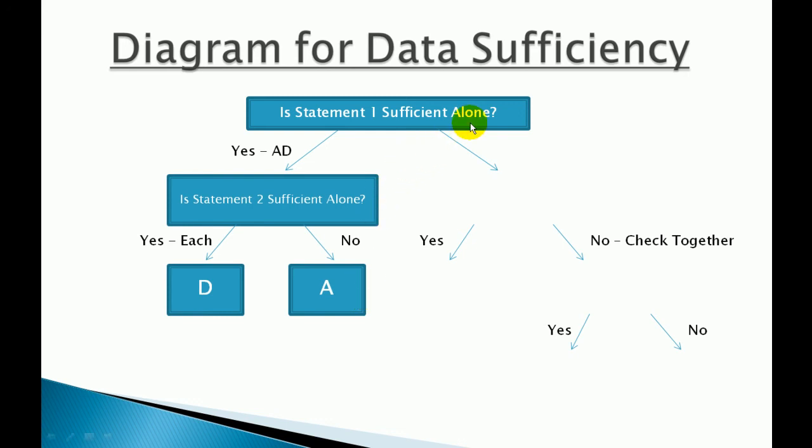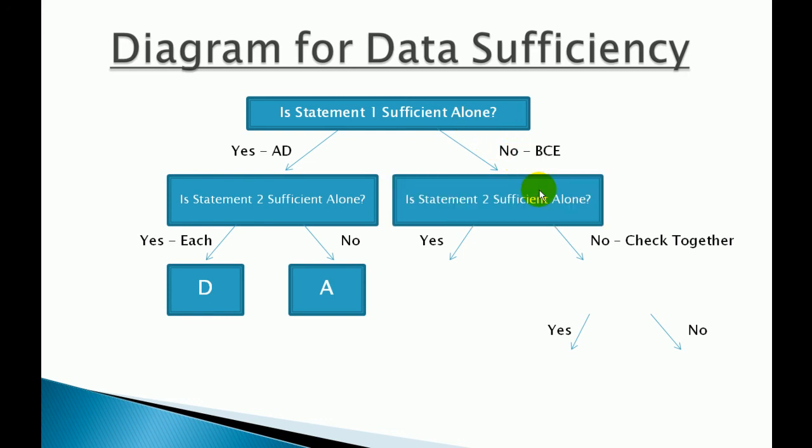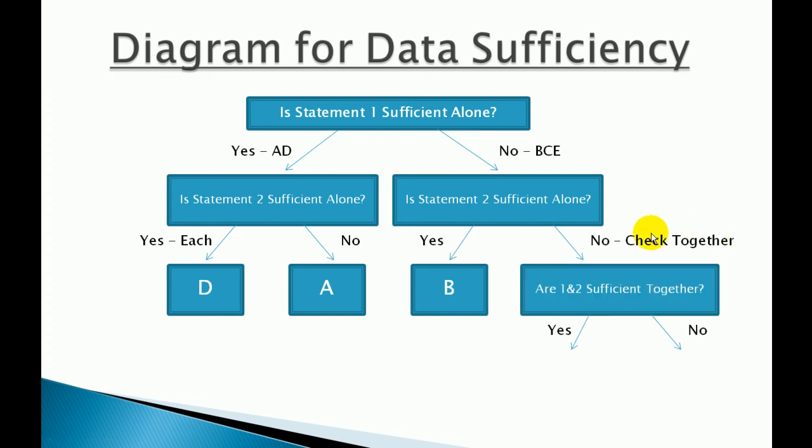Going back to the beginning, if we asked, is statement 1 sufficient alone, and the answer was no, then the answer to the question will be B, C, or E. You're next evaluating statement 2 and asking, is statement 2 sufficient alone? And if the answer is yes, then the correct answer choice will be B. If the answer is no, then you have to evaluate the statements together.